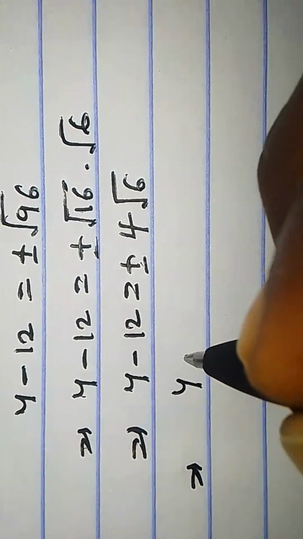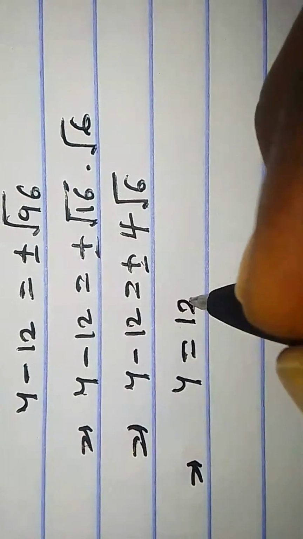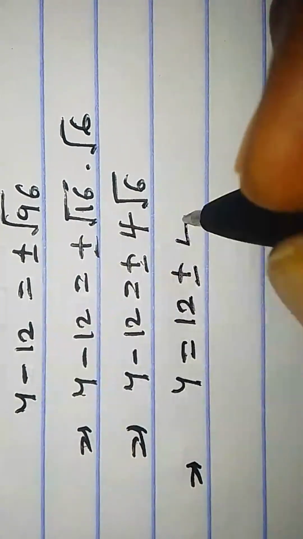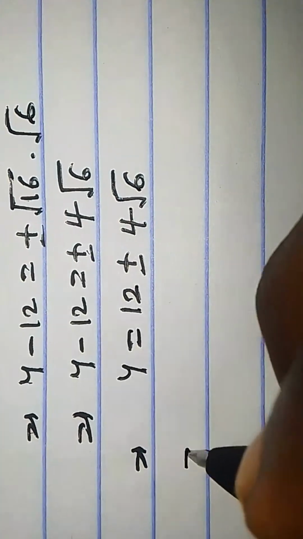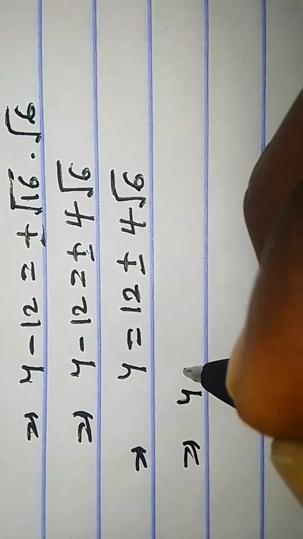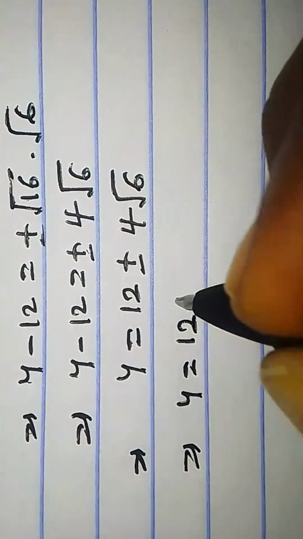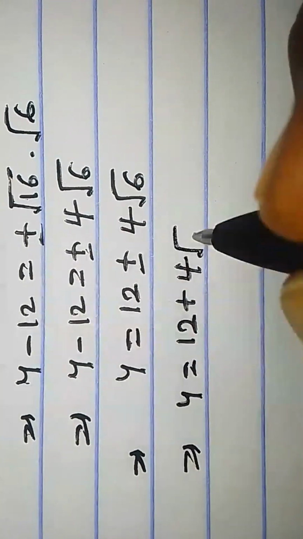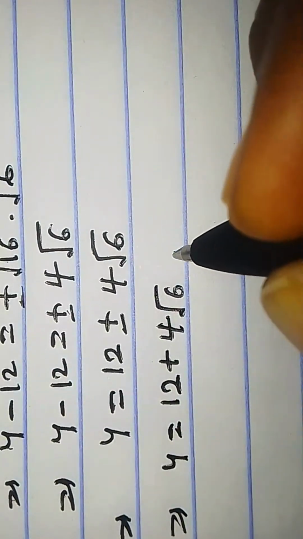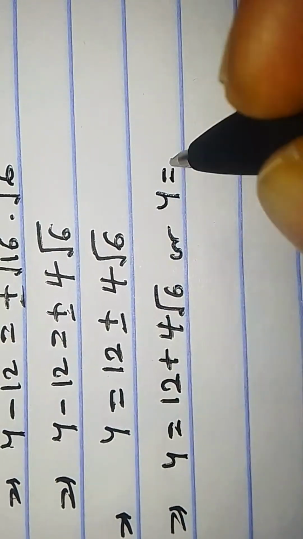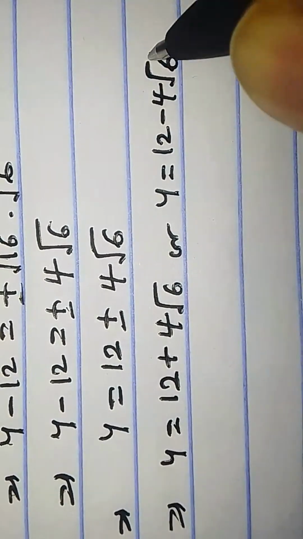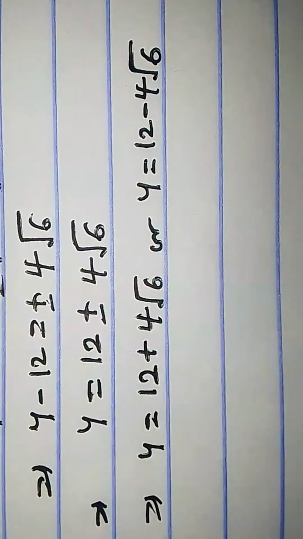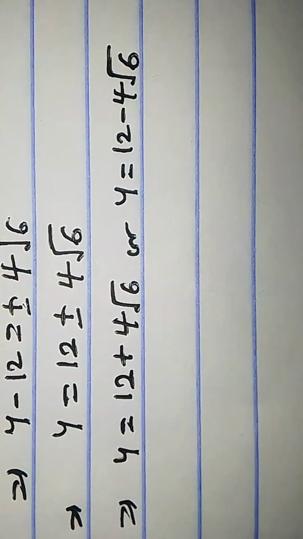So we're going to have y equal to 12 plus or minus 4 times square root of 6. This means that y is either equal to 12 plus 4 root 6 or y is equal to 12 minus 4 root 6. You will see that we have two values of y.